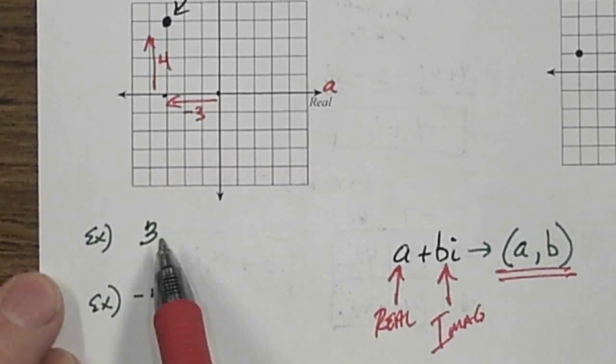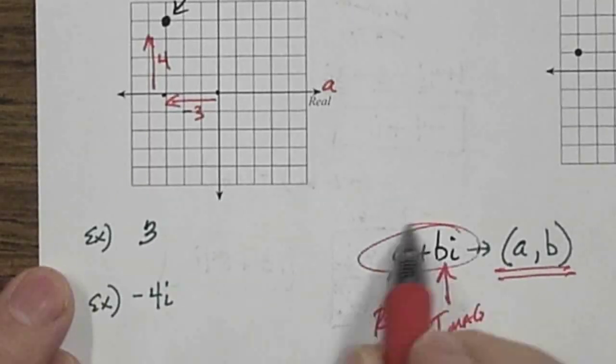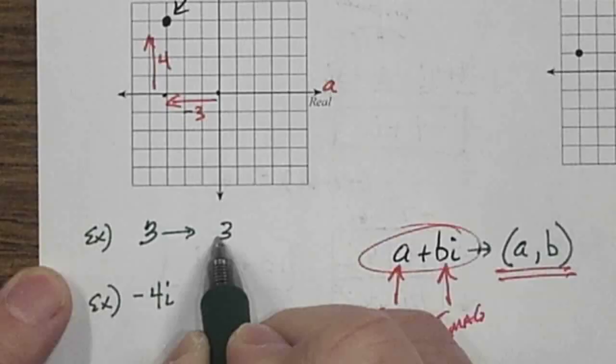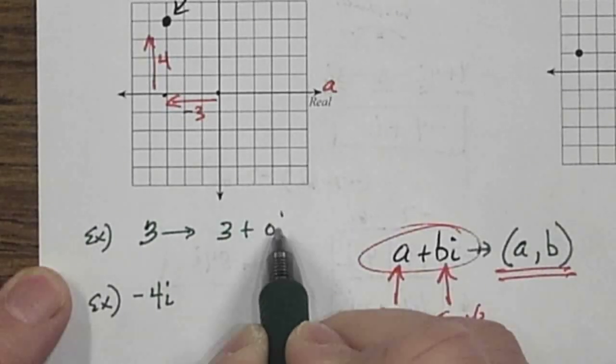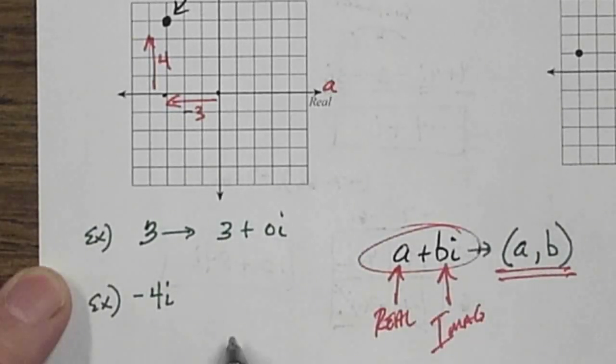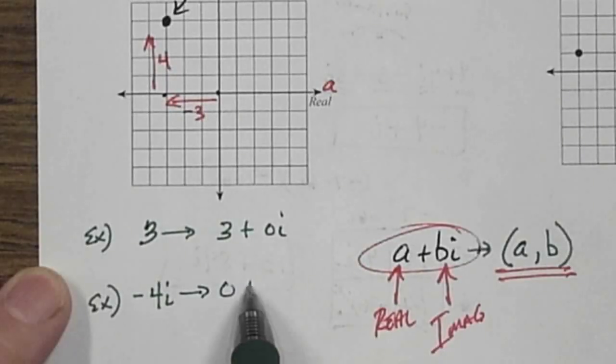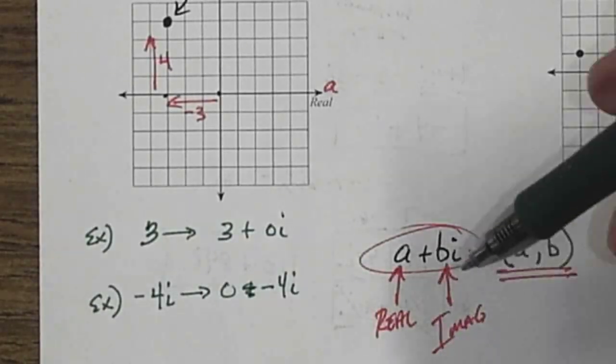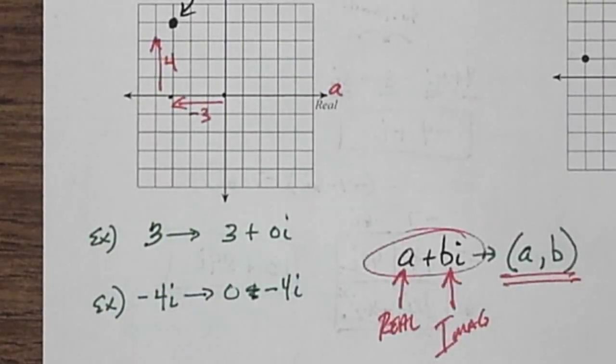Well, if you consider that these have to be written like this, then 3 is really saying 3 plus 0i. And negative 4i is saying 0, not plus, minus 4i. In other words, part of my a plus bi is a 0.